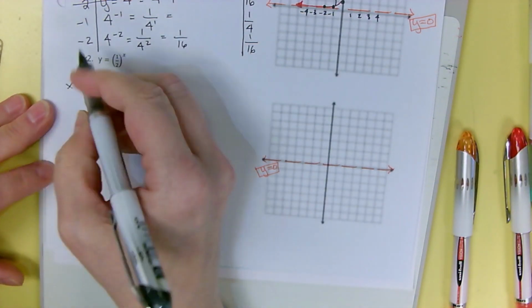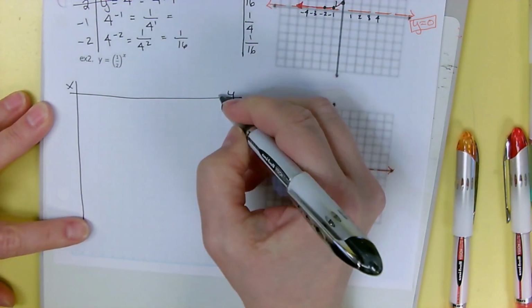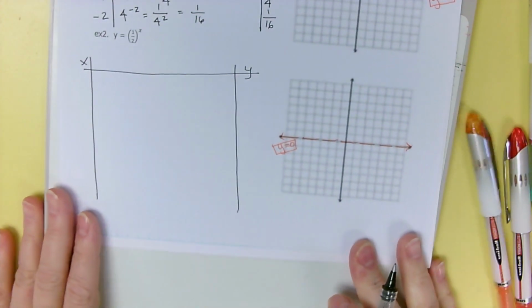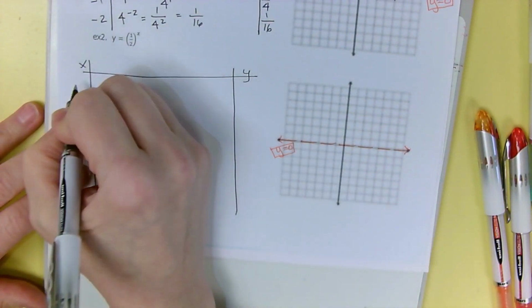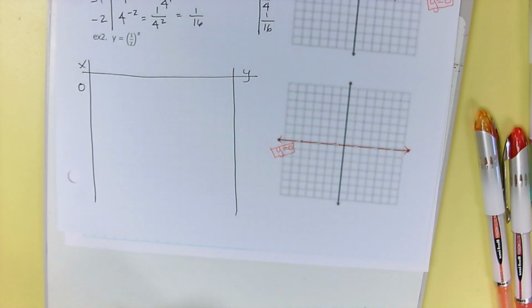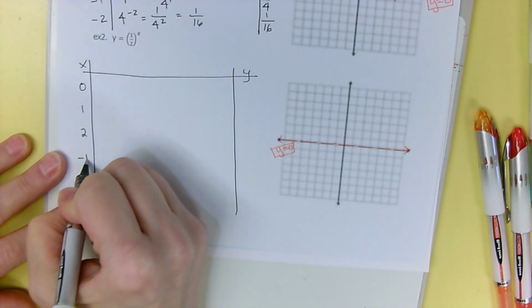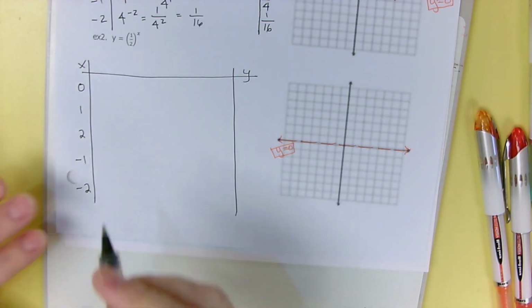All right, let's make our extended H chart. You always want your initial value, which is x equals 0, and we're going to do the same thing. We're going to go 1 and 2 to the right, -1, -2 to the left. So let's start with x equals 0.